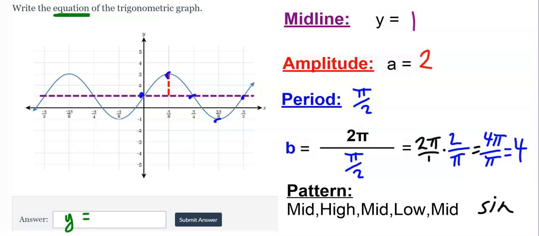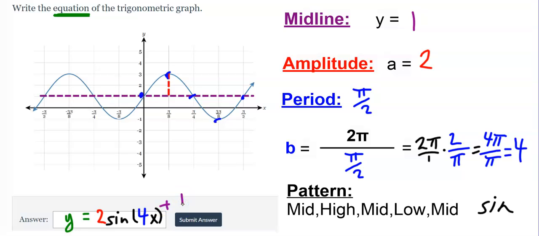So here we go. Our amplitude is the first part, so 2. No, actually it's our sine function that goes here. Now what's inside our sine function goes inside the parentheses. So first thing is we establish our frequency is 4, so this is now 4, followed up with x. And then our midline is the last one, so that's going to be plus 1.